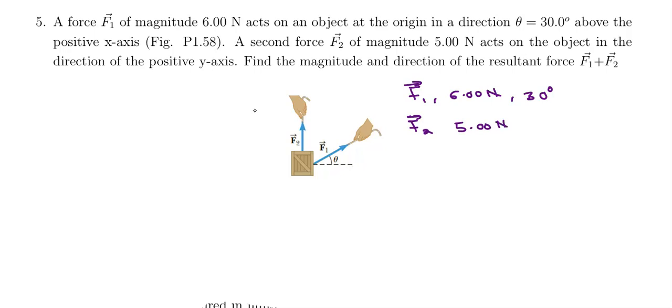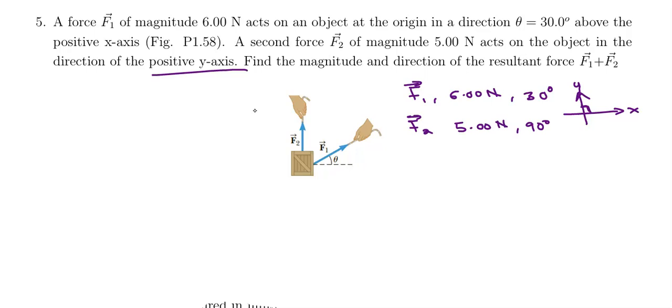Since we have been told that this was in the positive y direction, and we measure the angle from the x to the y axis, the angle from here to here is 90 degrees. So it's 90 degrees.